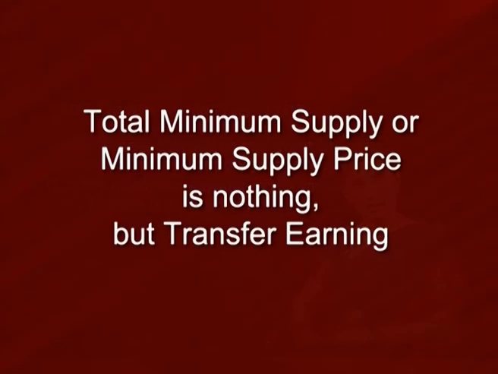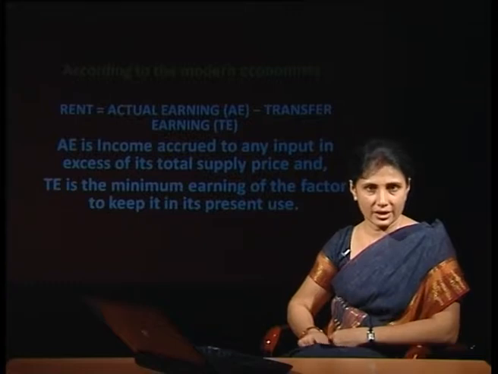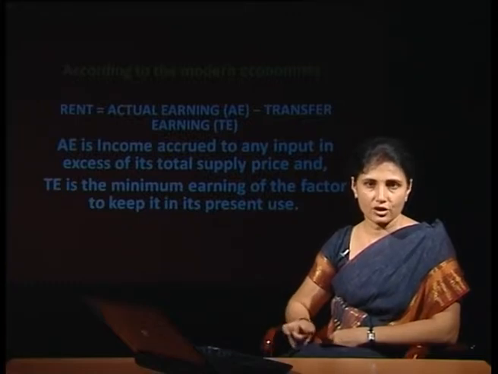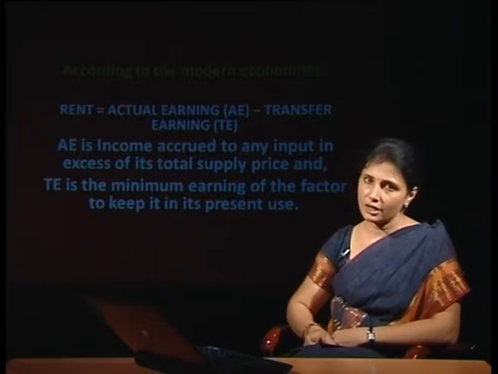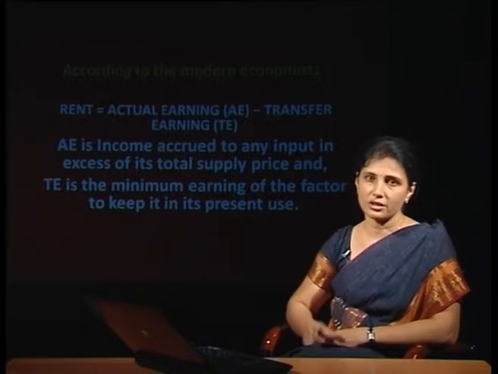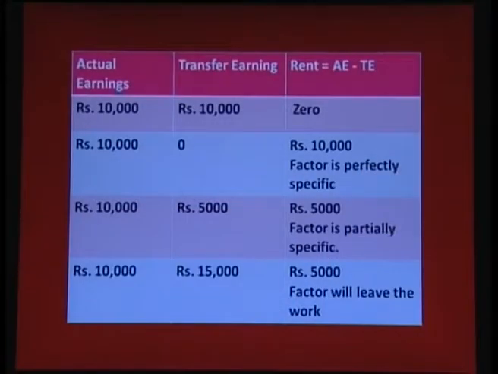On the other hand, that minimum supply price is nothing but transfer earning. So, the difference between actual earning and transfer earning gives us the economic rent, or this is the modern definition of rent.